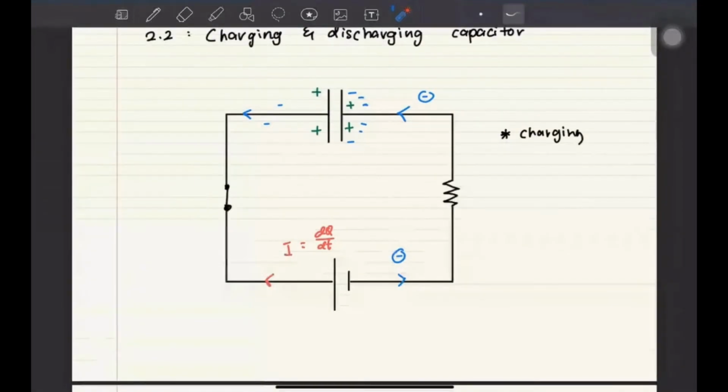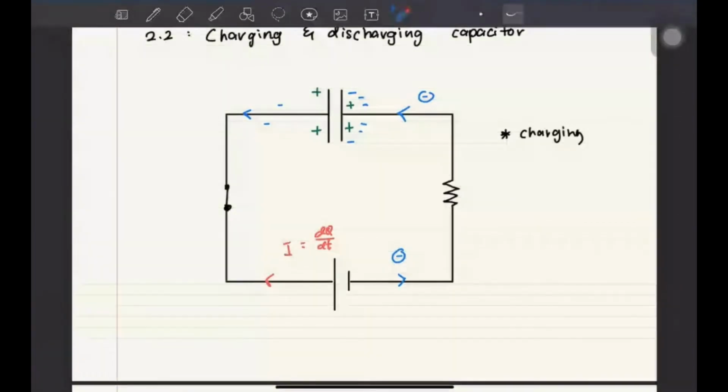Okay, the reason why current and electron are in opposite directions is because there is no specific reason, just that when they decided the current's direction, they decided that the current's direction will always be from the positive terminal to the negative terminal.